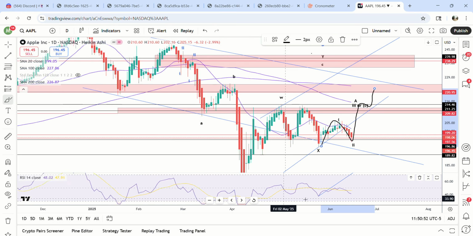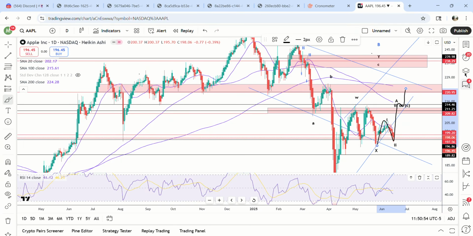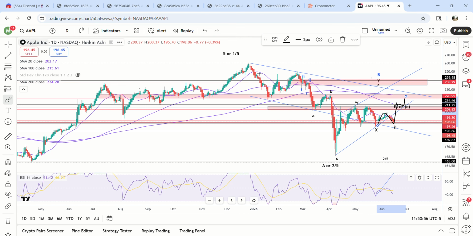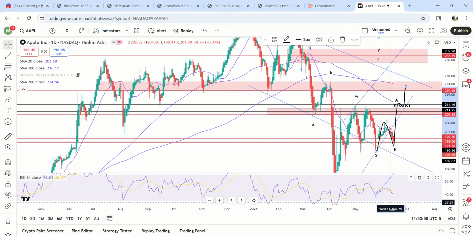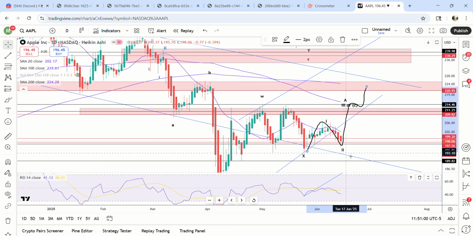So hopefully that all makes sense about why I'm still bullish on Apple and why I think that it's probably coming shortly. I think that you can't ignore the Middle East stuff going on, but I also think that that's going to be used as a way to push against the bears, basically.